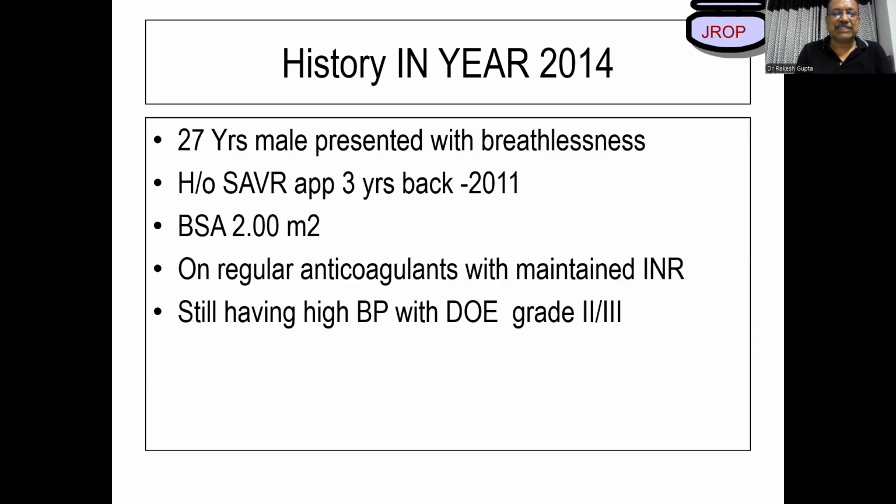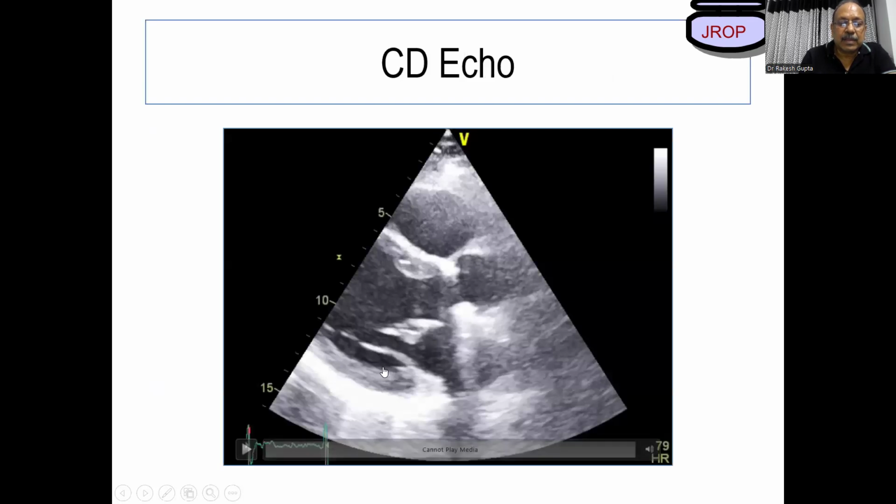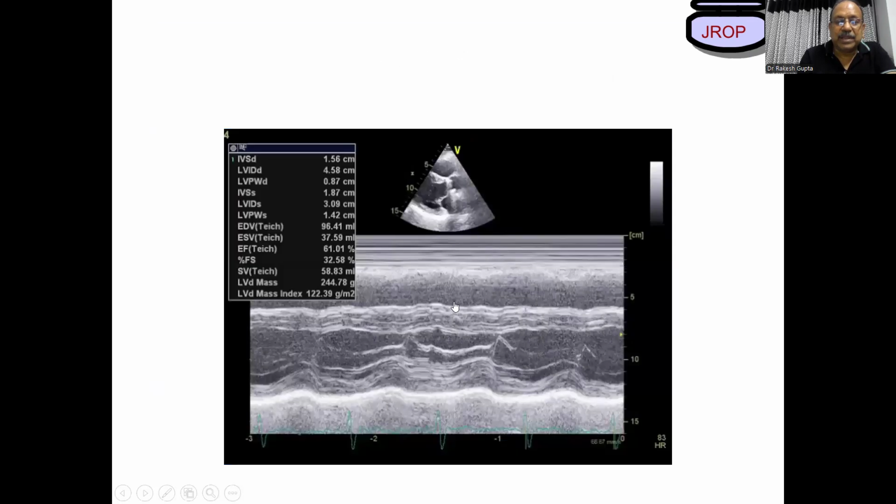Here is a 27-year-old male presented with breathlessness. Severe, surgical aortic valve replacement 3 years back. Body surface area 2. Regular anticoagulants, INR monitored. Still having high BP and gradient grade 2, grade 3. And here's the aortic valve over here.